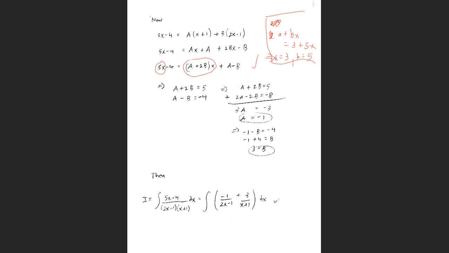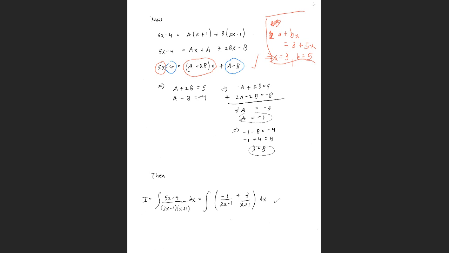A plus 2B would have to equal 5, and then the -4, that constant term, would have to equal the constant term on the right. And so A minus B would equal -4.